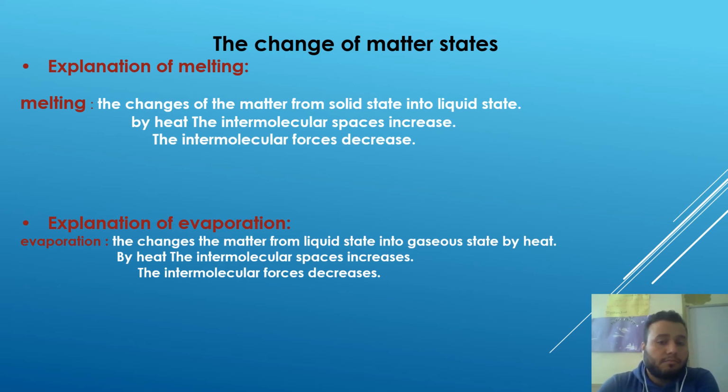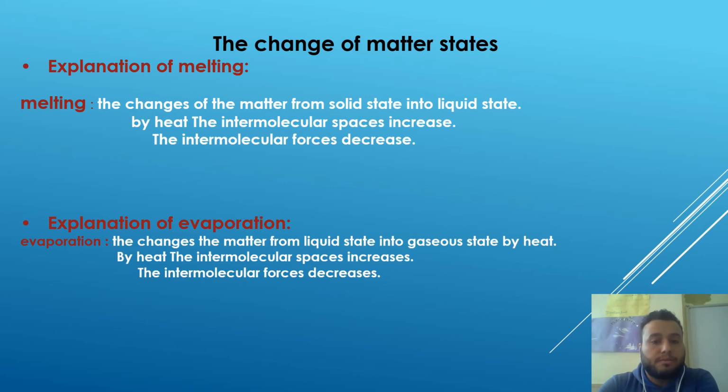While we talk about the boiling point, we said that the boiling point is the temperature at which matter changes from liquid to gas. What is the meaning of boiling, evaporation, or vaporization? We have three definitions: evaporation, vaporization, and boiling process.